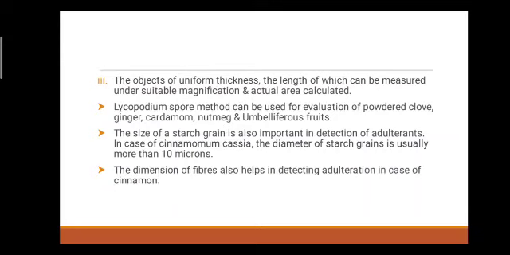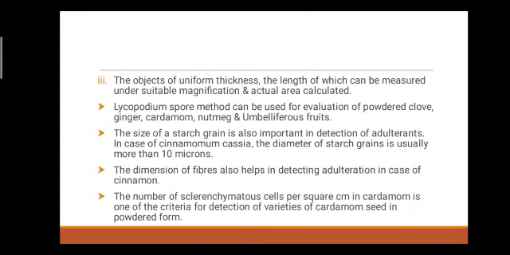The dimension of fibers also helps in detecting adulteration in case of cinnamon. The number of sclerenchymatous cells per square centimeter in cardamom is one of the criteria for detection of varieties of cardamom seed in powdered form.